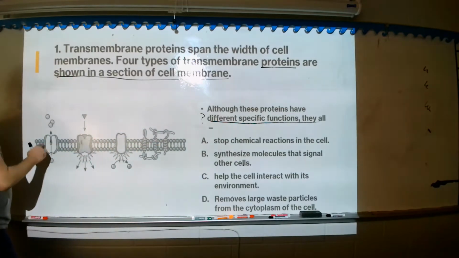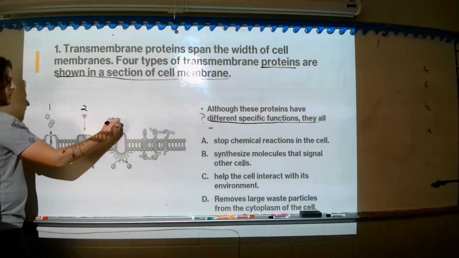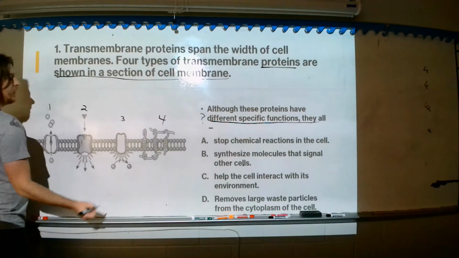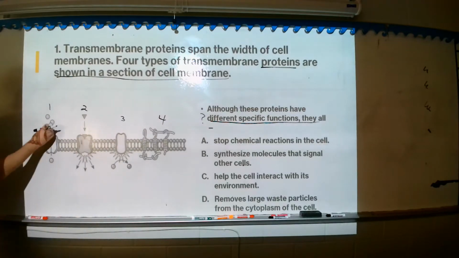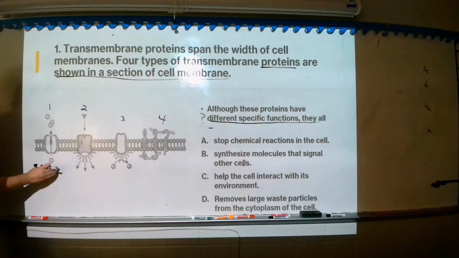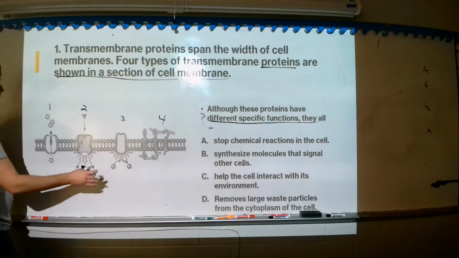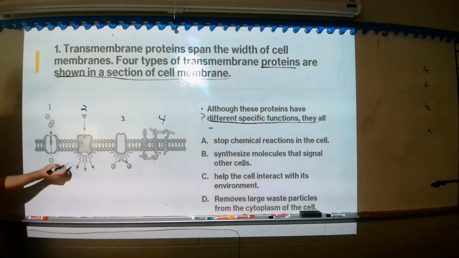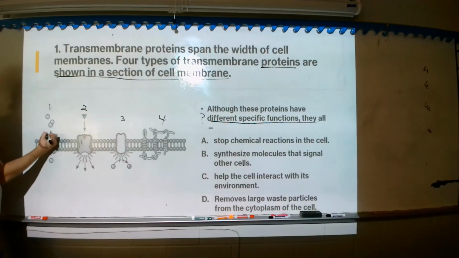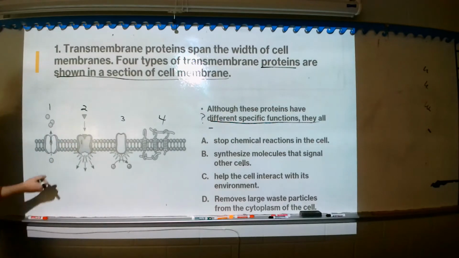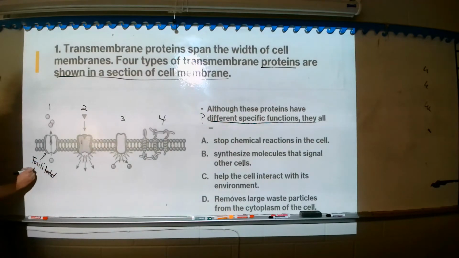It shows us our different proteins. We have 1, 2, 3, 4 here. Some of these we've seen before, right? Like this one, we can say we've seen this one. This one's a little bit confusing, but we know that proteins all do one thing. This one is actually the facilitated diffusion one, which we know is a channel protein, and it lets things into and out of the cell.